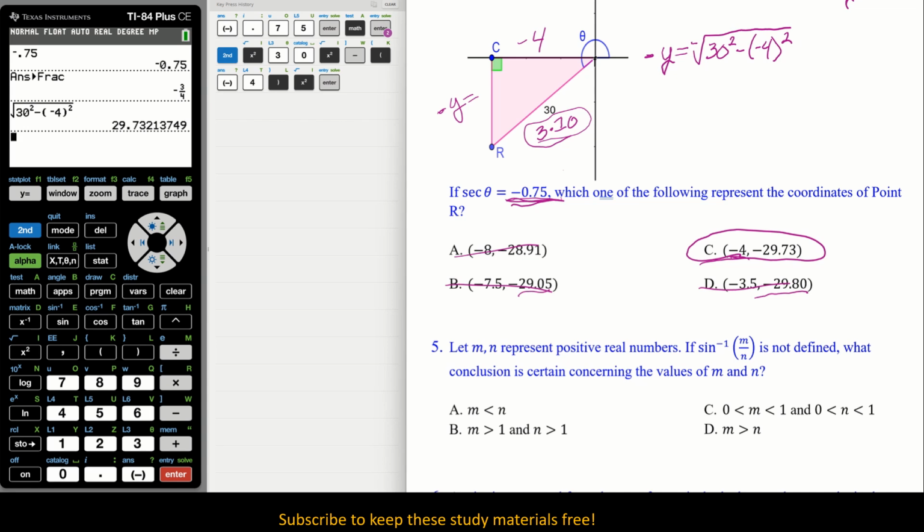If the inverse sine of m over n, the ratio, is not defined, or does not exist, what conclusion is certain concerning the values of m and n?